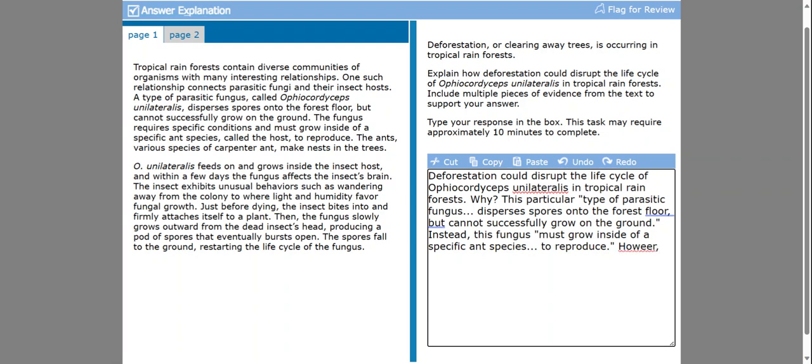However, this carpenter ant creates its own nests in the trees.